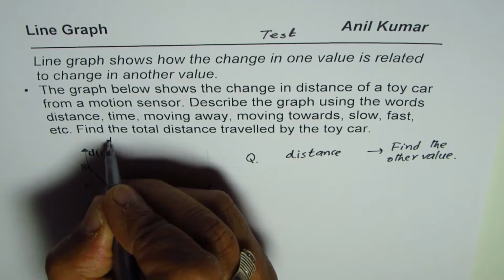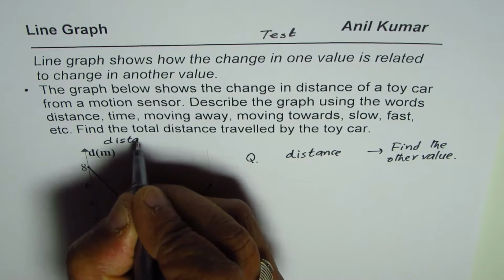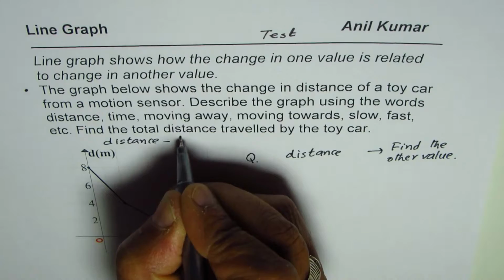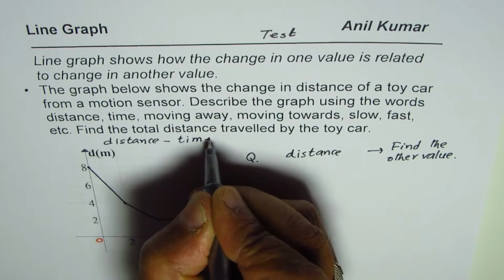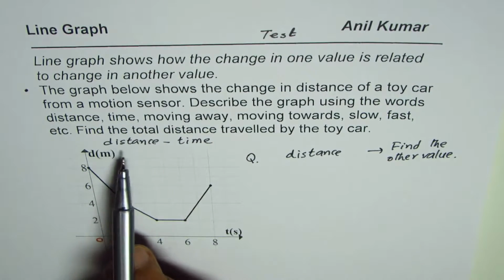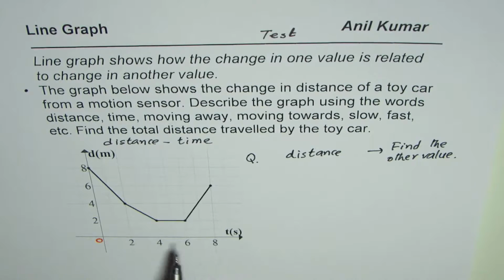So distance is changing with time. Do you see that? That is the other value. Time is always changing, and with the change in time, distance of the toy car from the motion sensor is changing, right?